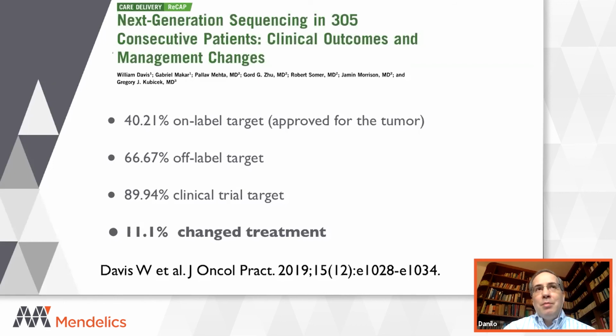But the bottom line, what really is important, is that just 11% had a modification of the treatment because of the test. So the clinical utility doesn't seem to be that good. But maybe it's just because we still don't have the clinical trials to make this tool useful for us.